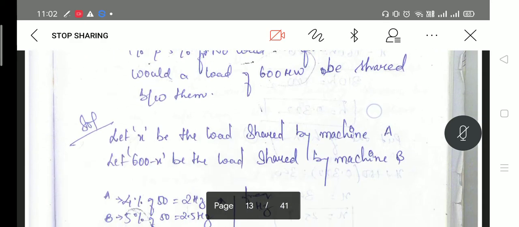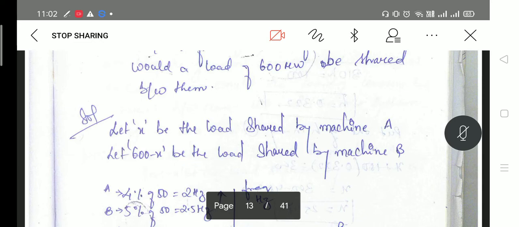Here I am taking X as the load shared by machine A. I am taking the first machine as A and the second machine as B. The load shared by the second machine is 600 minus X, since the total load of A and B is 600 megawatts.